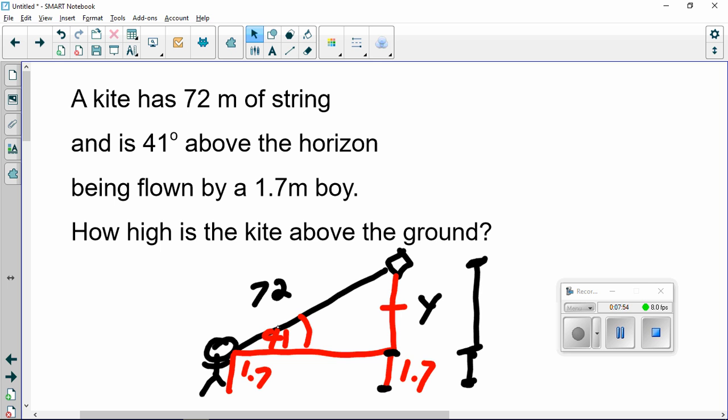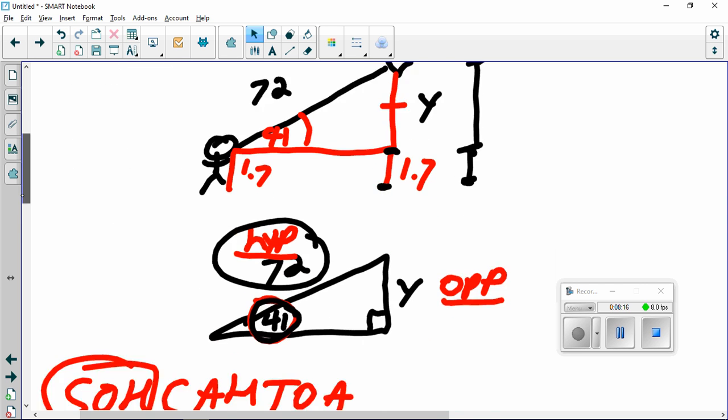So from drawing a triangle inside of here, we've identified that the side length opposite of that given angle is the side length that we're looking for, which will also express the height of the kite above the boy. And if we add the height of the kite above the boy to the height of the boy above the ground, we can properly answer this question.